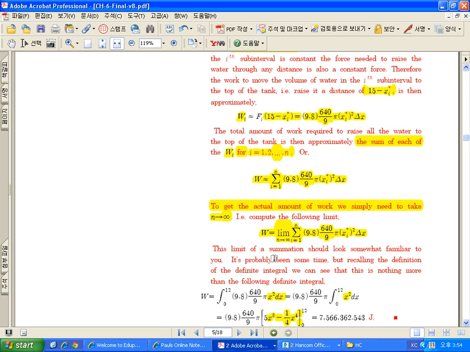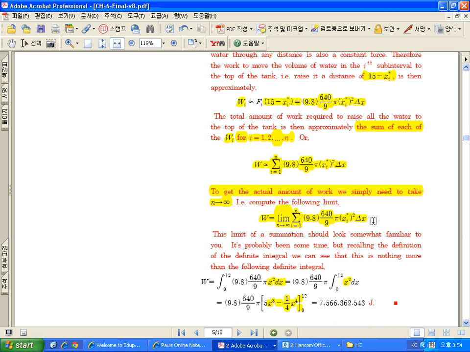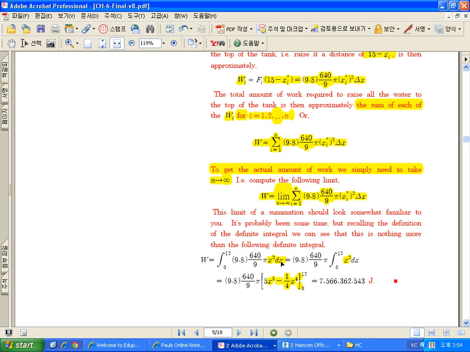So W is the integral from 0 to 12 of this times x squared times 15 minus x, which is 15x squared minus x cubed. This gives us the integral as 15 over 3 x cubed minus 1 over 4 x to the fourth, from 0 to 12.